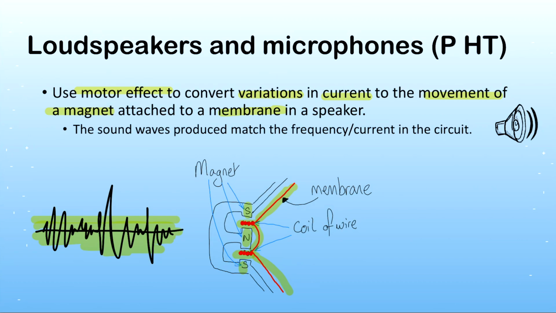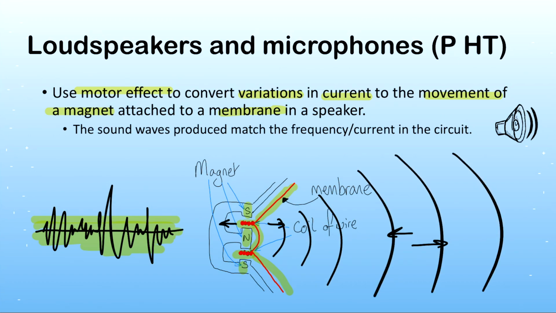So it will either cause the speaker to be forced out, or forced in, and that movement in and out will cause vibrations in the air and send out waves of air particles. And these waves will have a matching frequency and amplitude to what was delivered in the current to the actual loudspeaker itself.